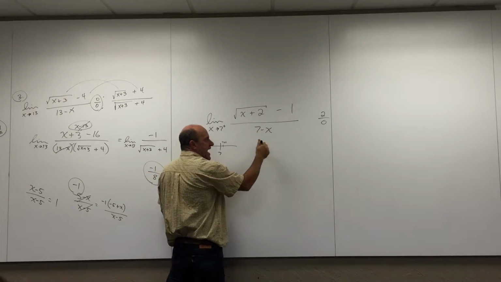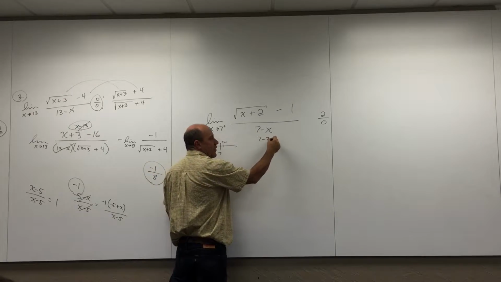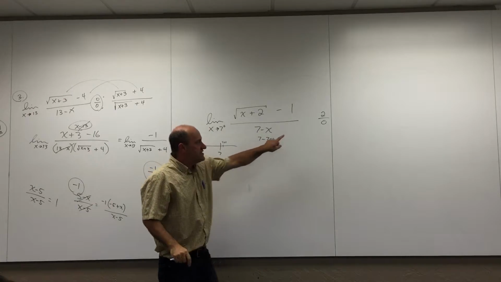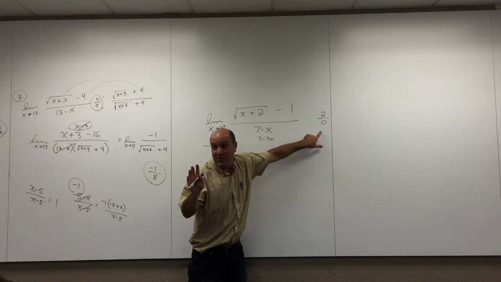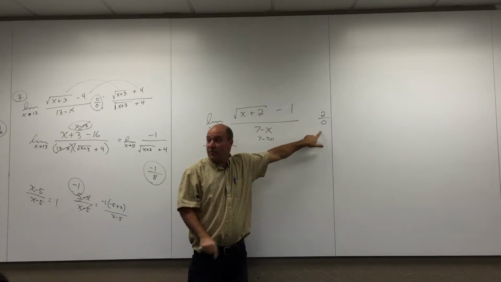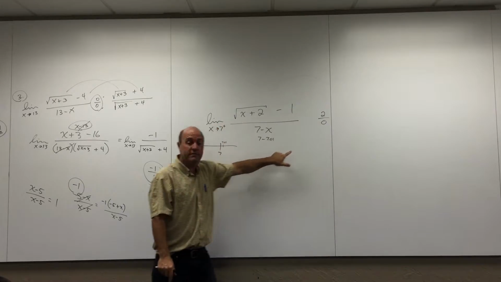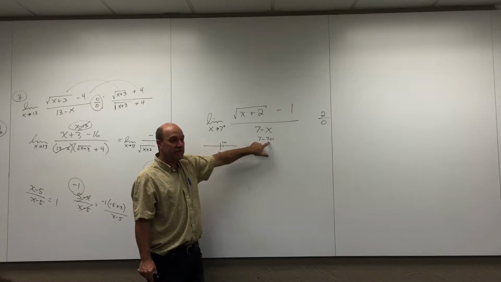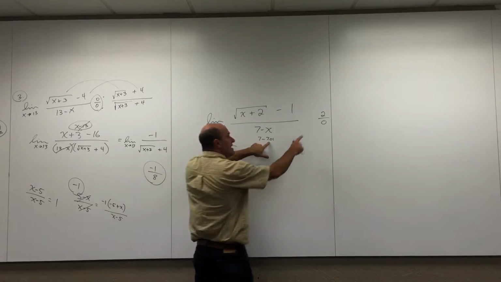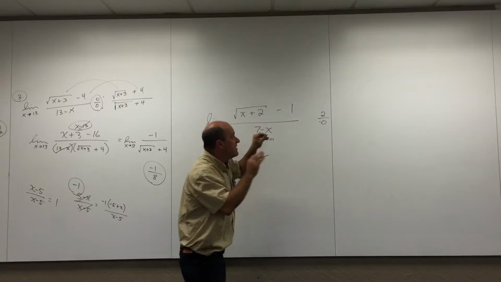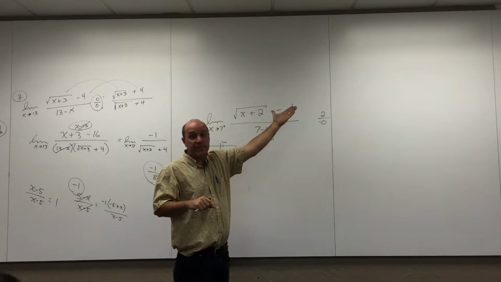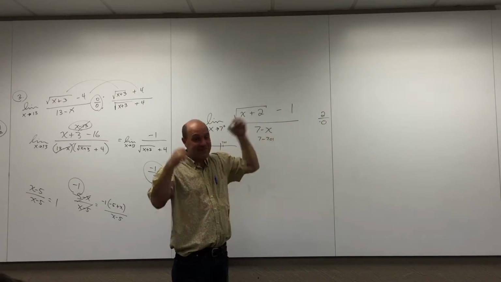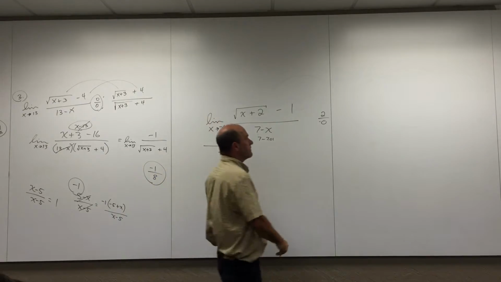So when you subtract 7 minus 7.01, this 0, which is not really a 0, but a teeny-weeny number, is it a teeny-weeny positive number or a teeny-weeny negative number? Negative. I think that's negative, don't you? So it's a teeny-weeny negative number divided into a 2. It's negative infinity. I'm done.